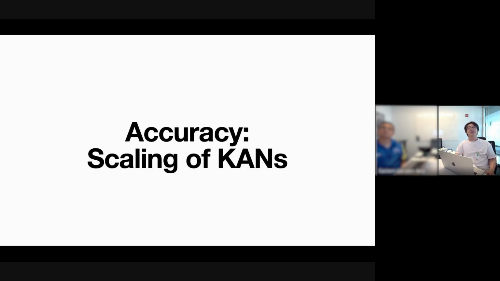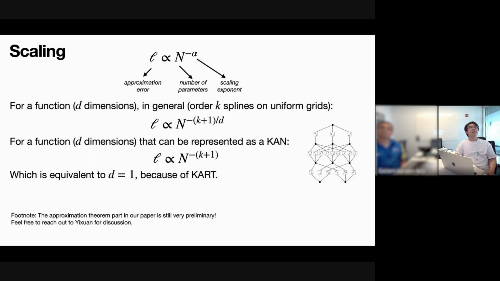Yeah, so one good property of CANs is that they can be made very accurate, and this is inherited from the splines. And we can also see there are some nice scaling laws of CANs. People have talked about neural scaling laws a lot, but scaling laws are not a very new idea.